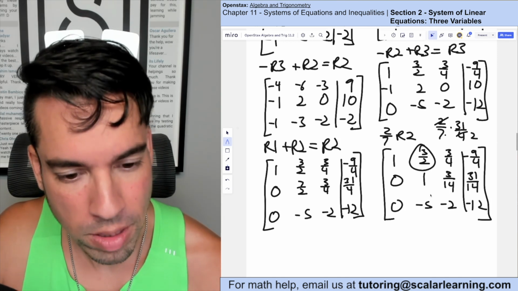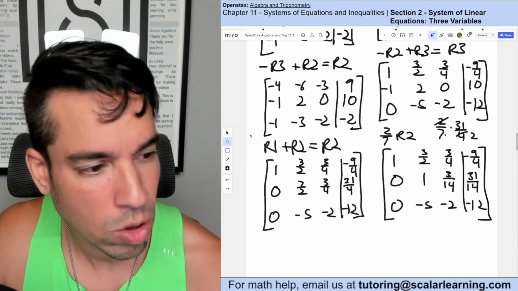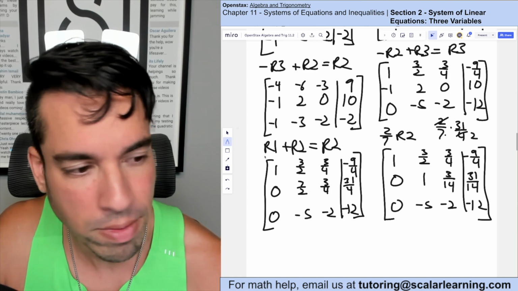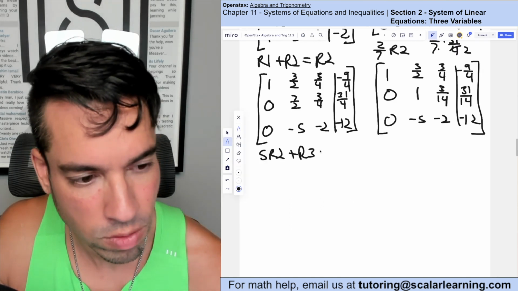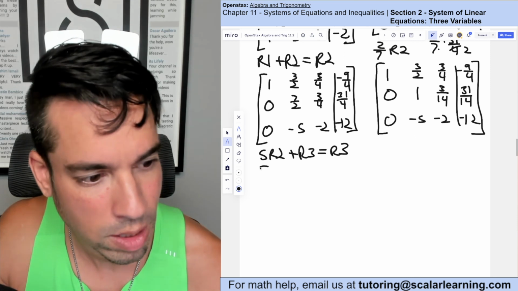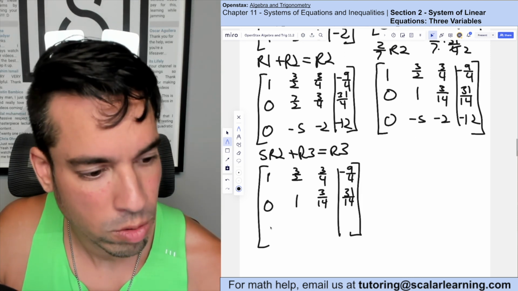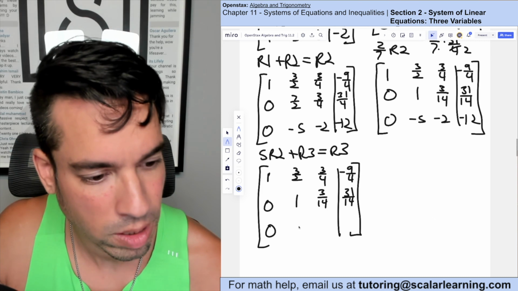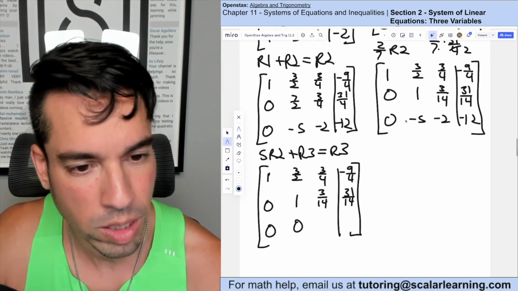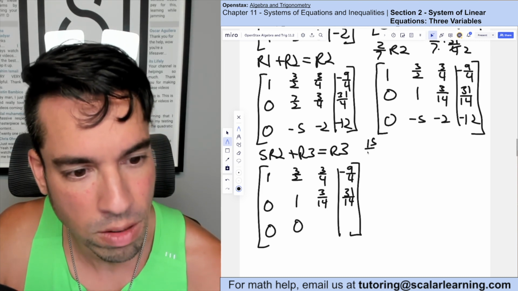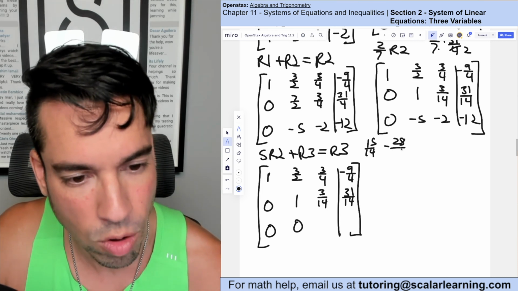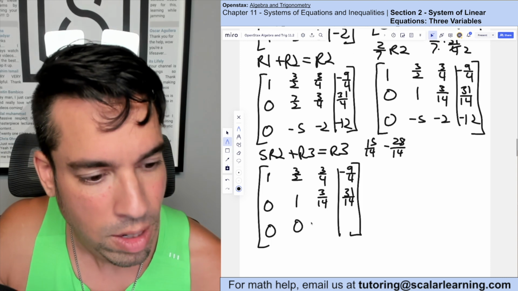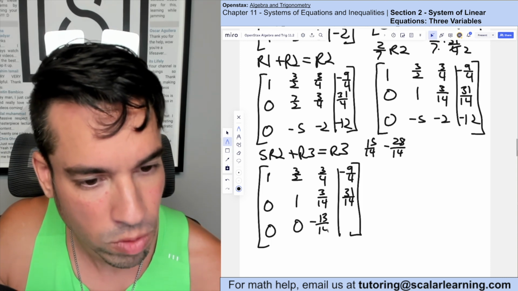Now I'd love to flip these two into zeros, so let's multiply the second row by 5 and add it to the third row. So 5 times row 2 plus row 3 gives us a new row 3. Let's see what we get. So 5 times 0 is 0 plus 0 is 0. 5 times 1 is 5 plus negative 5 is 0. 5 times 3/14 is 15/14 plus negative 2, that's negative 28/14. 15 minus 28 is negative 13/14.